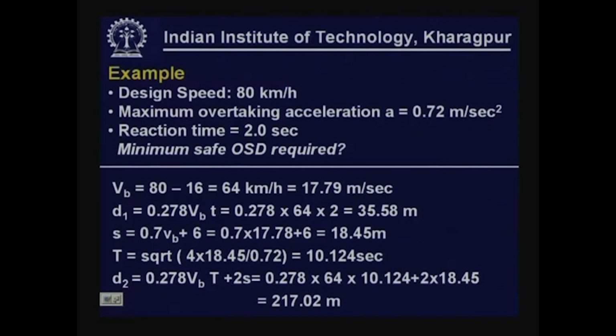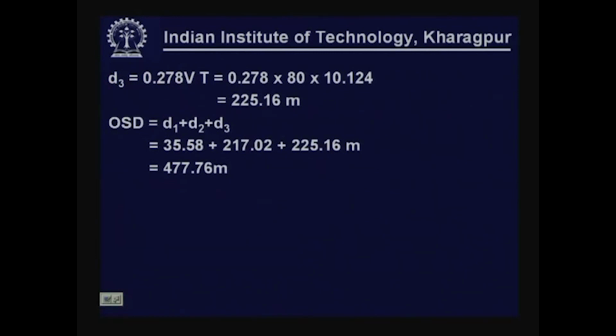Which is 10.12 second. So, the distance d2 can be calculated, and d3 also with the original speed 80 km per hour and overtaking time 10.12 second, the distance travelled by the opposing vehicle can also be calculated.